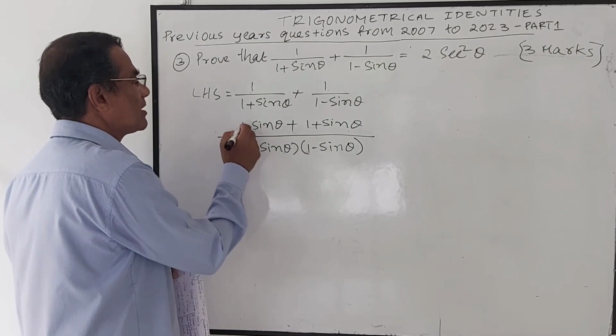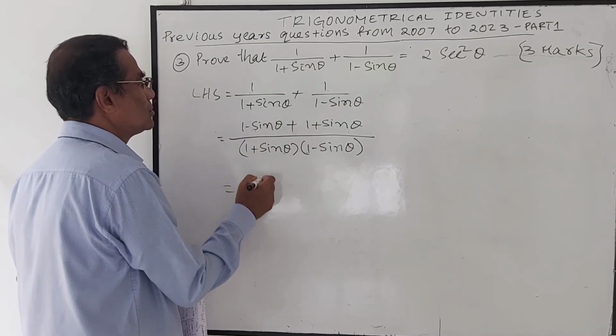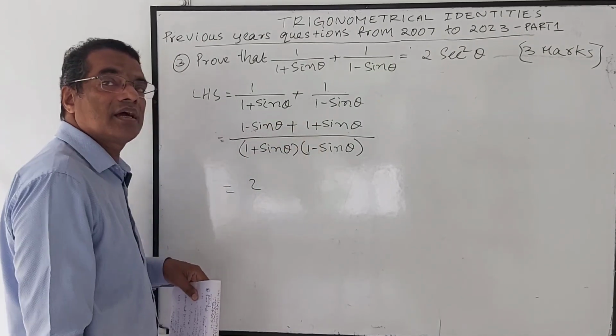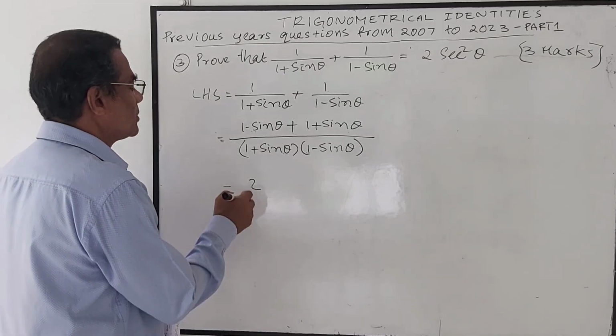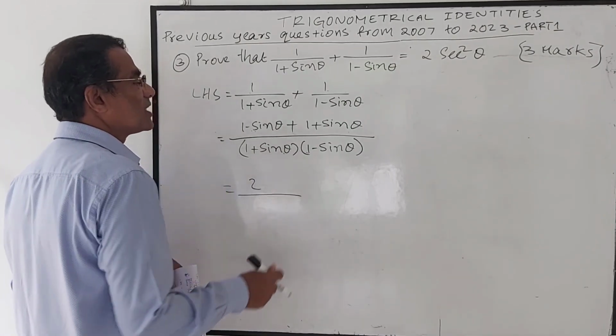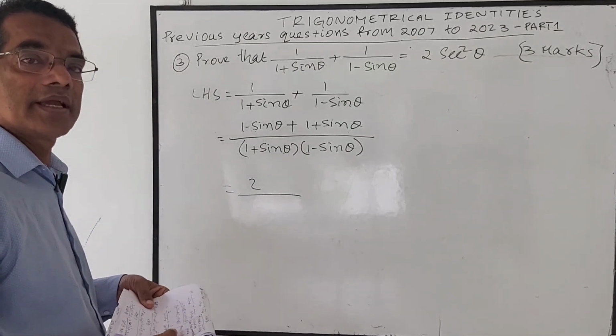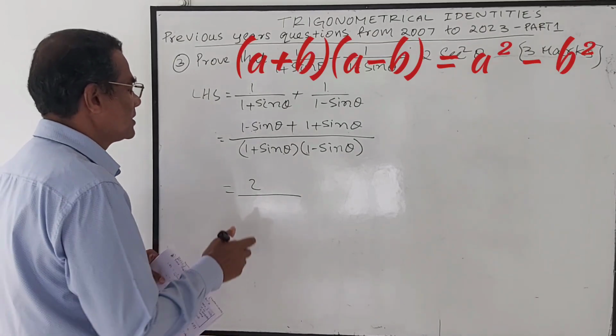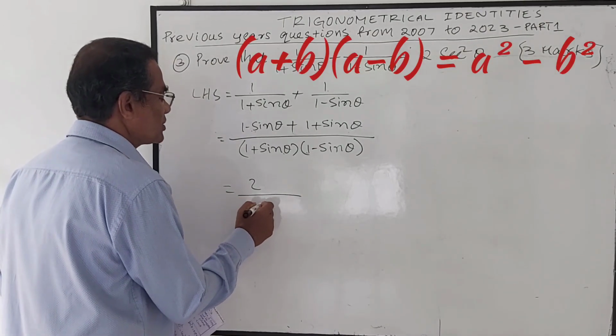So 1 and 1 is 2, minus sin theta and plus sin theta equal to 0, divided by 1 plus sin theta into 1 minus sin theta. Again a plus b into a minus b is a square minus b square.